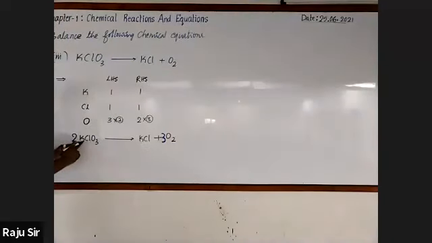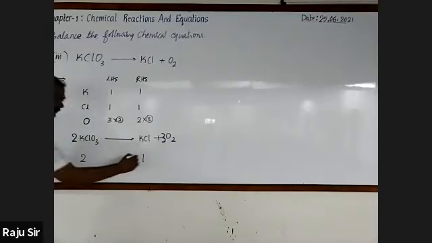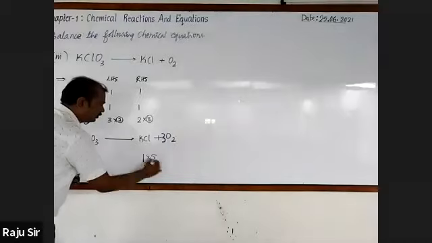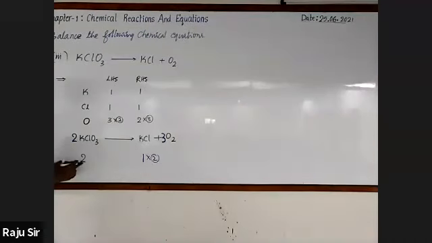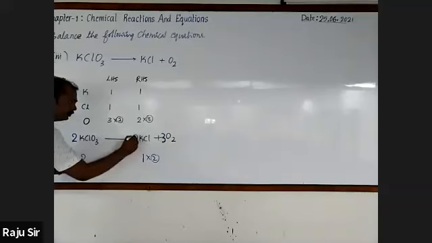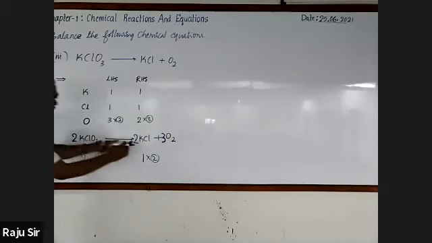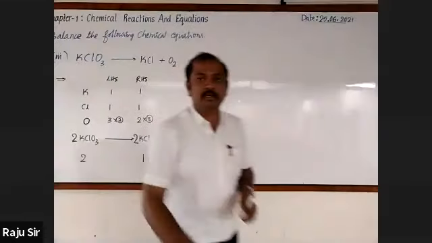Next, how many atoms of potassium? 2 here, 1 there. By multiplying 1 by 2, I'll write 2 here. Now 2 atoms of potassium on both sides. Chlorine is also balanced: 2 atoms of chlorine on each side. Now this equation is balanced.